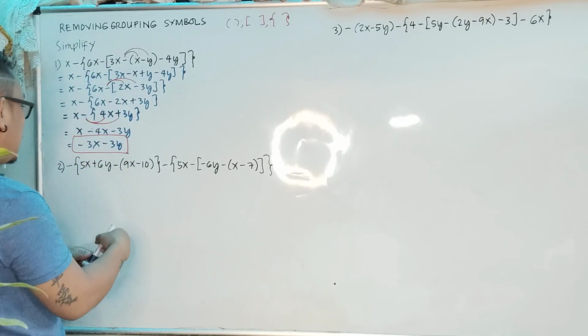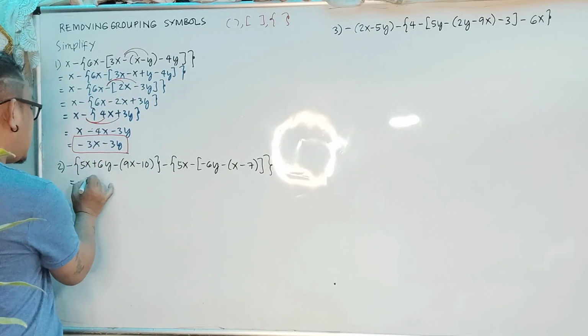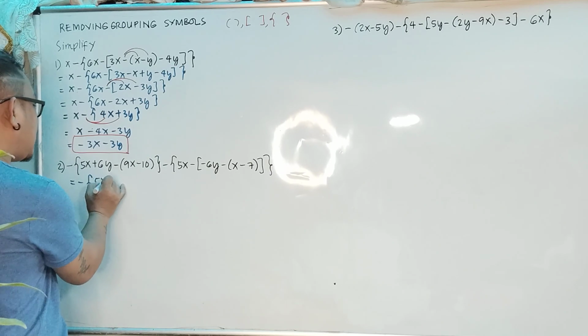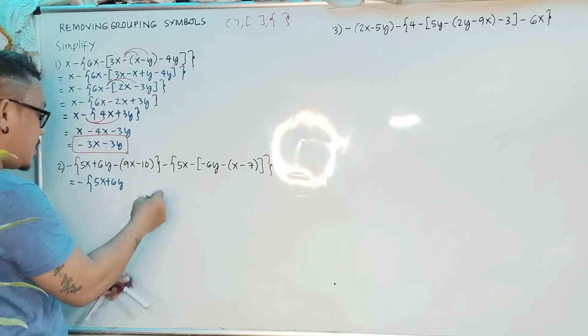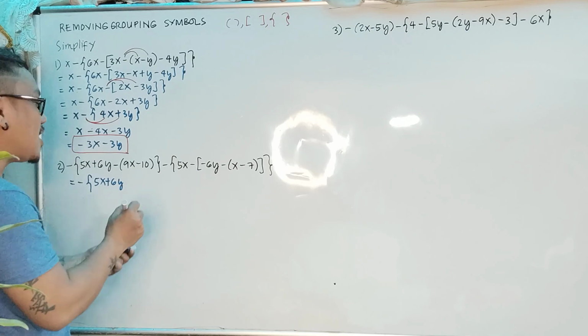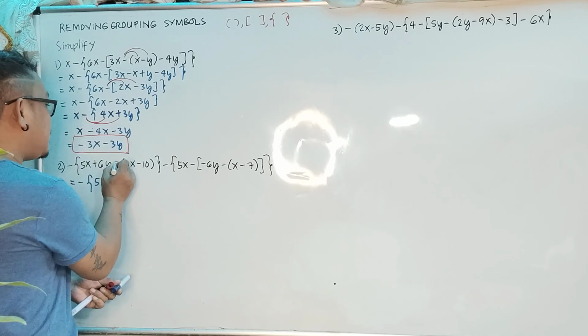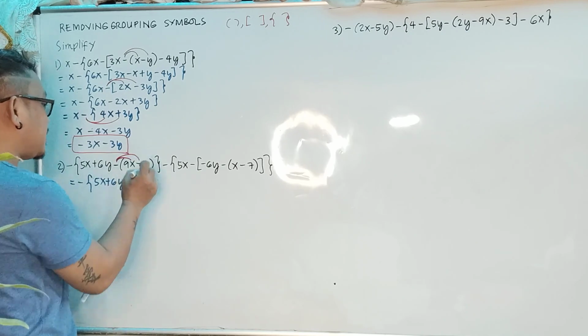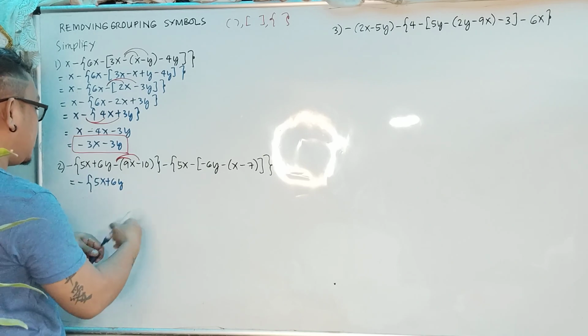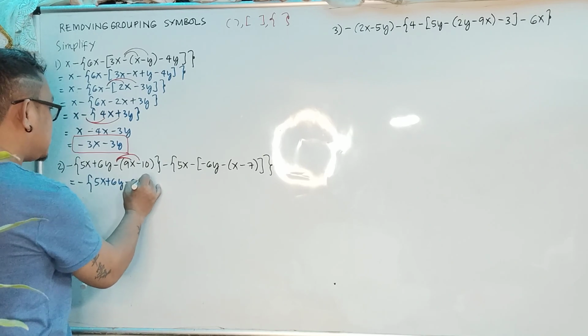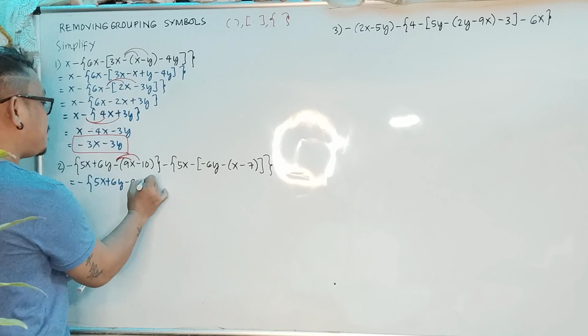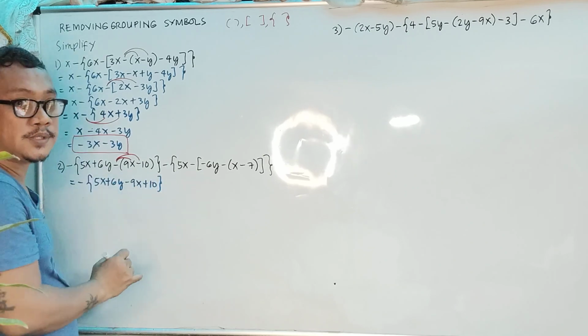Let's solve this one. We just copy negative, then copy 5x plus 6y. Then again, distribute the negative: negative times 9x, negative times negative 10. So you have negative 9x, and negative times negative, so positive 10. Then close.